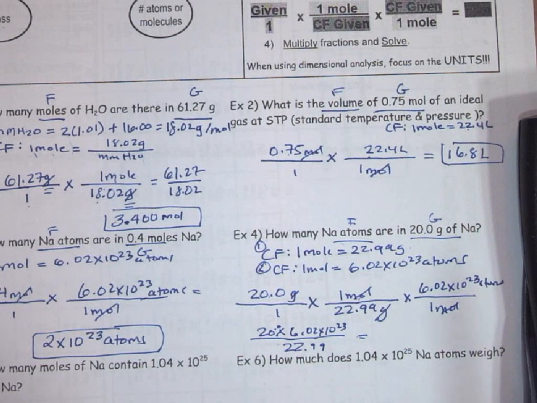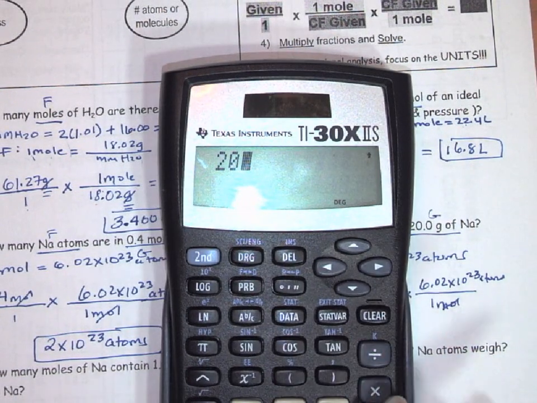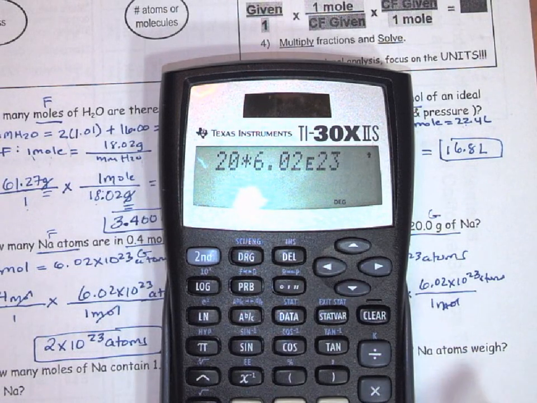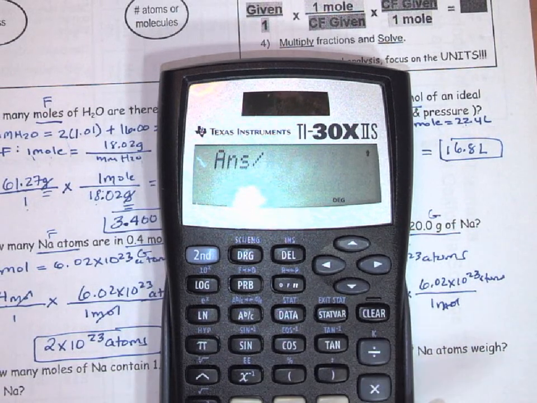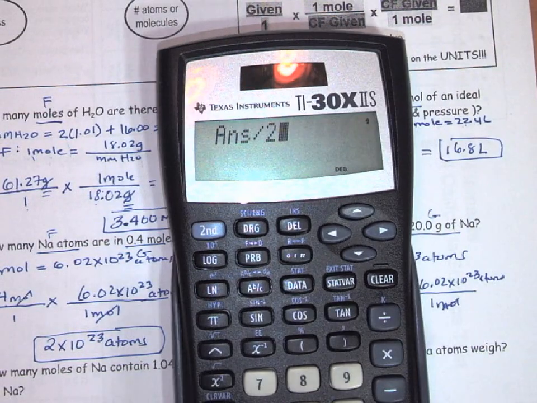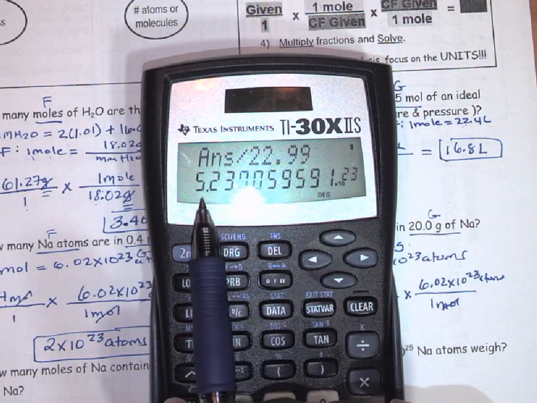So when I put this in my calculator, I'm going to do 20 times Avogadro's number, 6.02, and again I'm using that E. And then I'm going to hit enter, and then I'll go ahead and divide that answer that I got, which is what's in the numerator, by 22.99. I don't think you actually have to hit enter in this case, but I always like to do it just so that, depending on the calculator I'm using, it doesn't give me the wrong answer.